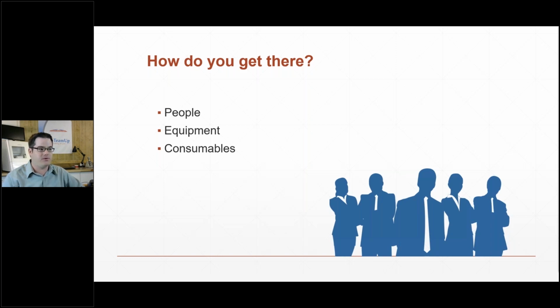So the key part of a successful CAD/CAM workflow is, first off, people and relationships, both internal inside the lab, employees, coworkers. Get good people who really want to put the biggest effort into the production, and then also externally.